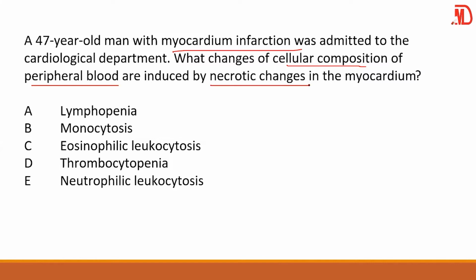What it means is that when there is infarction, and we said infarction means inadequate supply of blood to the cardiomyocyte, the body begins to see this as a problem. So when it's a problem, what will you do? It will send the agent to the place.